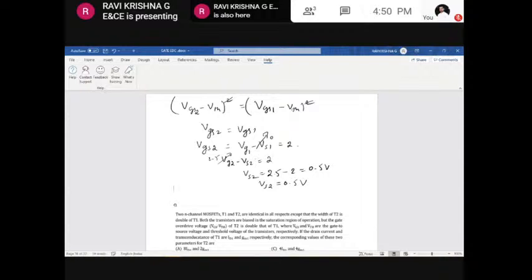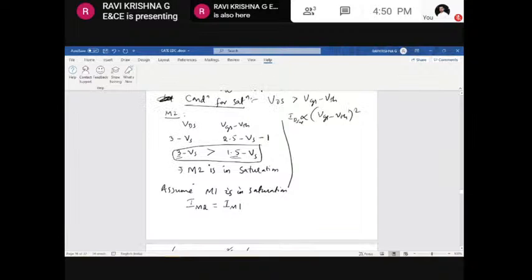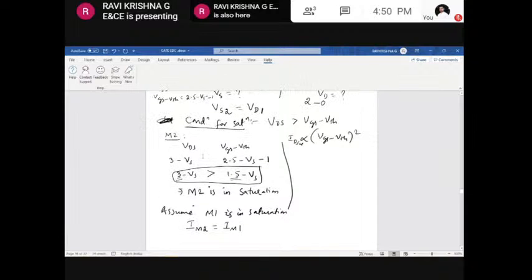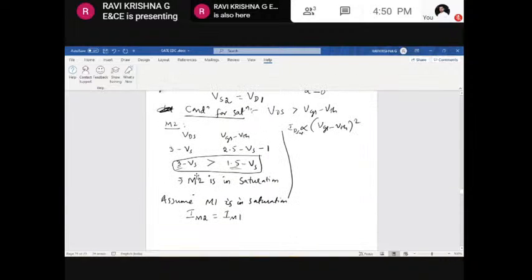From this, what we can infer is, if you substitute VS equal to 0.5 in this equation, definitely this condition is going to be satisfied. M2 is not a problem here. Now let us consider the transistor M1. For the transistor M1, VDS should be greater than VGS minus VTH.